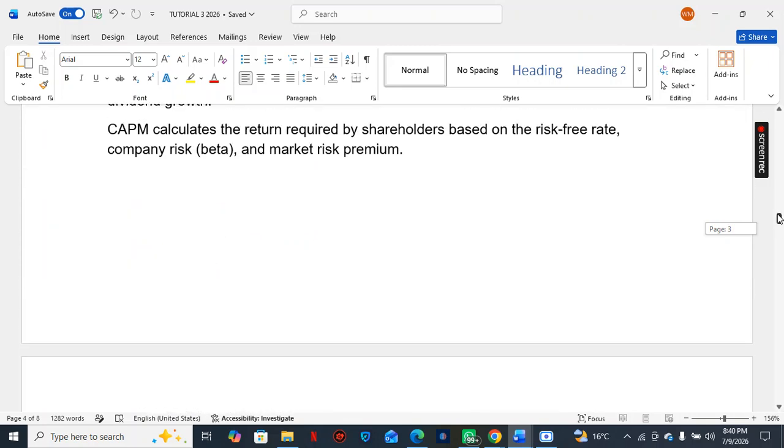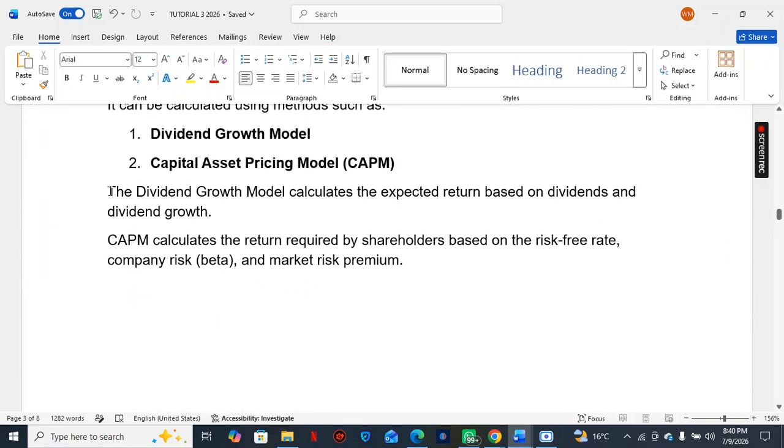The dividend growth model calculates the expected return based on dividends and dividend growth. To the company, it's the cost of equity. To the investor, it's the expected return based on dividends and dividend growth.